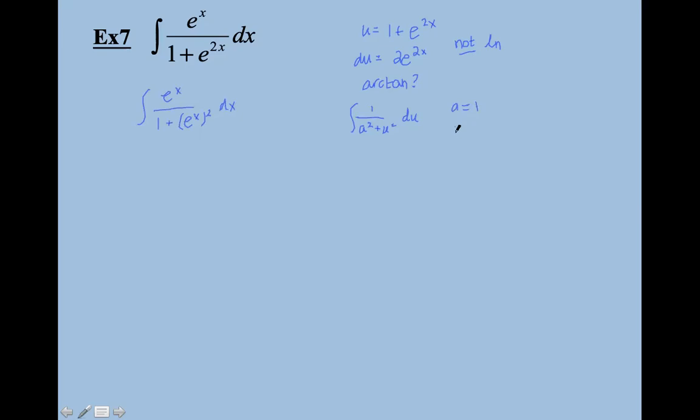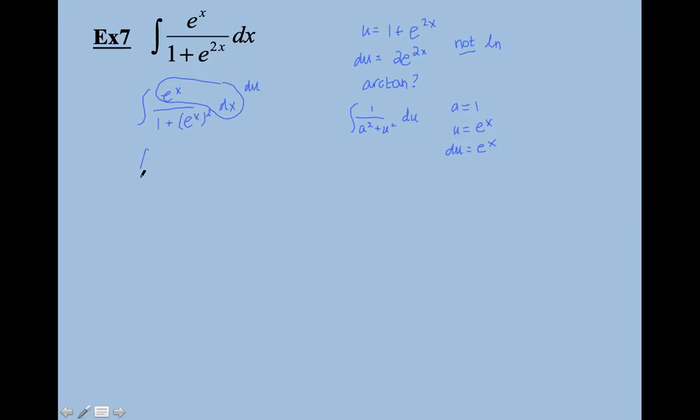So our u is equal to e to the x. Then if I do my du, derivative of e to the x is e to the x. And so this whole part of the problem turns into our du.